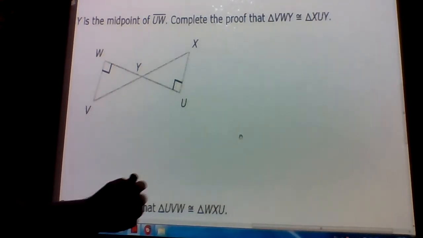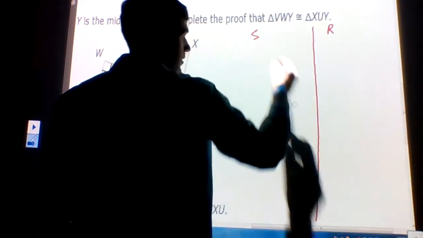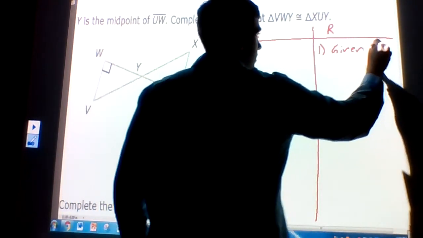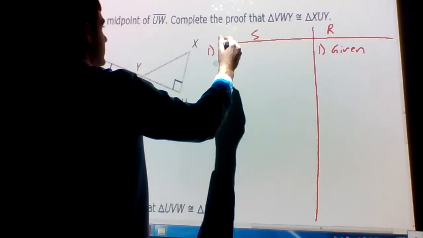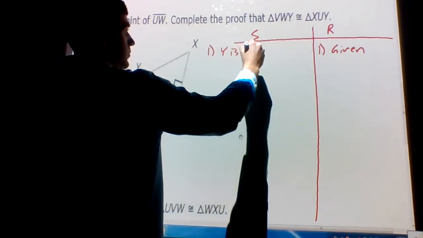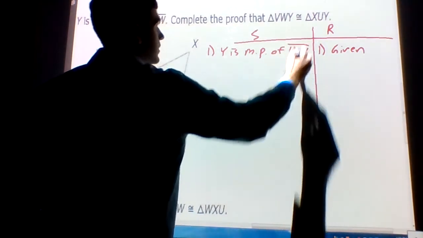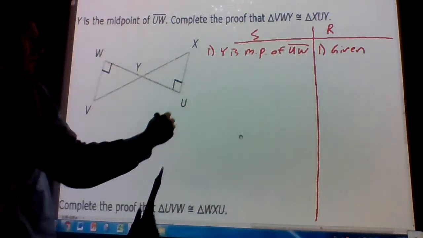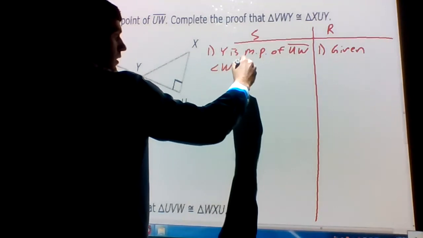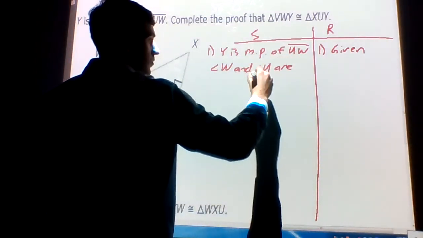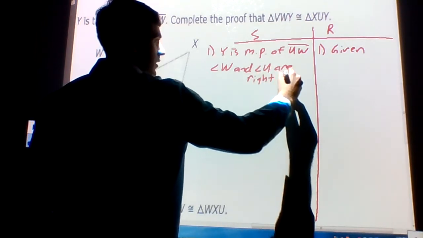Okay, so statements, reasons. Start with our given. Y is the midpoint of UW. The other thing that's given is that angle UW and angle U are right angles.